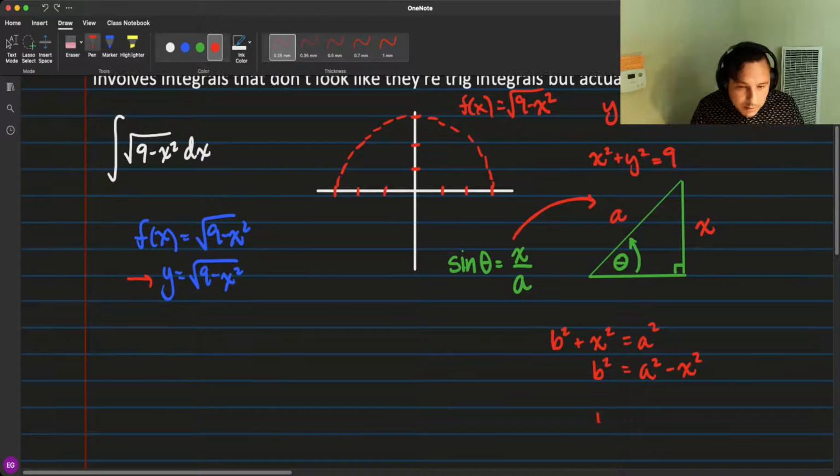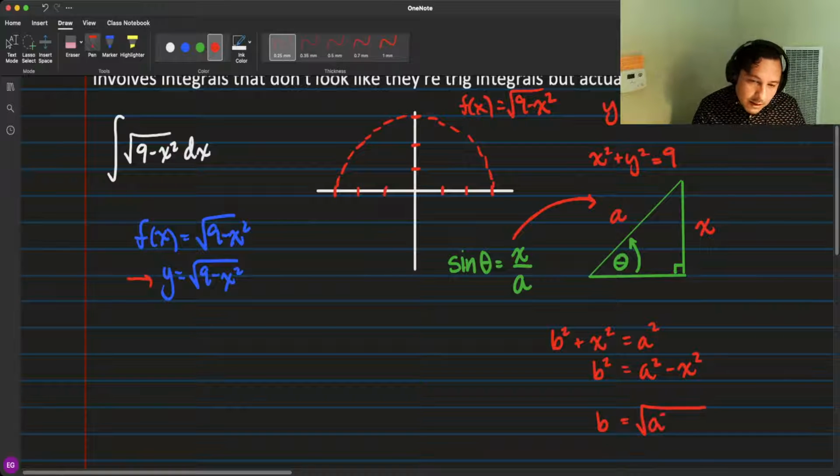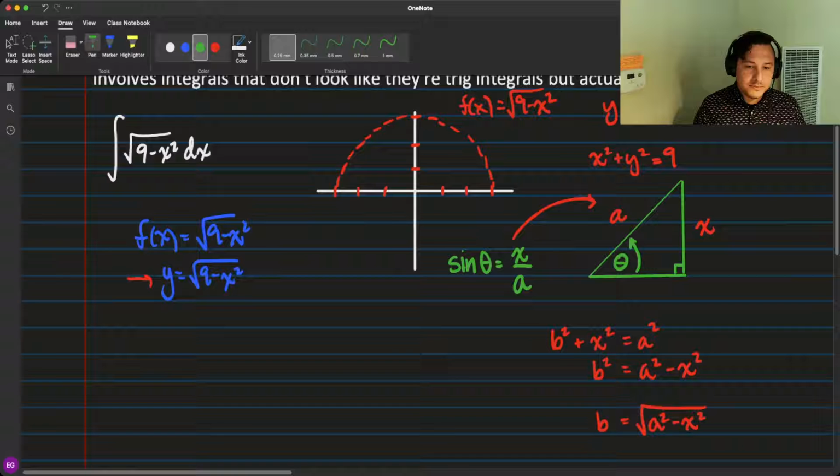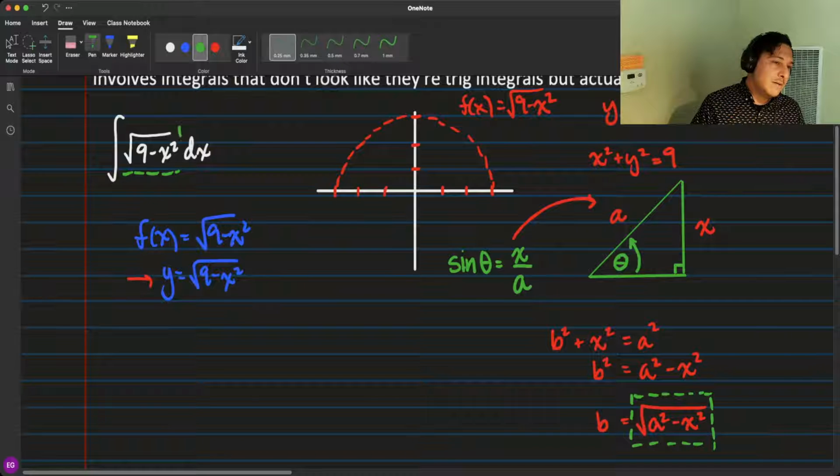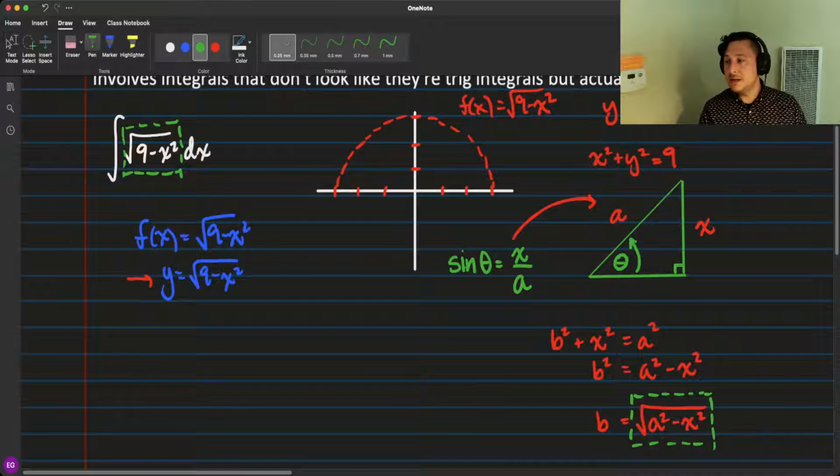We know that the base equals the square root of a squared minus x squared. And you look at this, and you're like, ooh, my spidey sense is tingling, because this actually looks like this over here. Does it not?